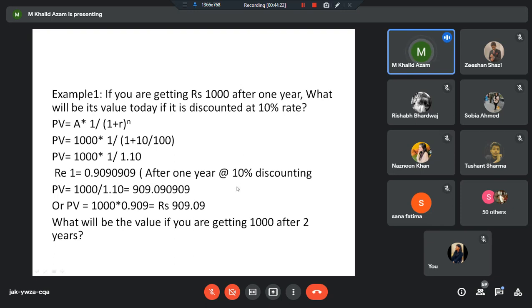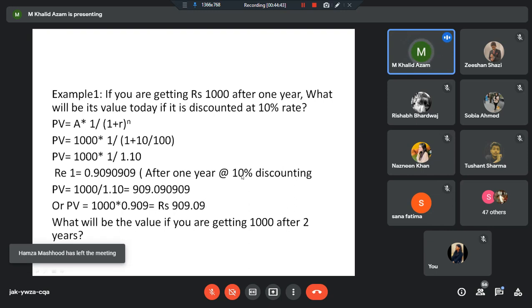Now try to understand: if I reduce this discount rate, this value is going to increase. So there is an inverse relationship. If I increase this discount rate, this value is going to reduce.